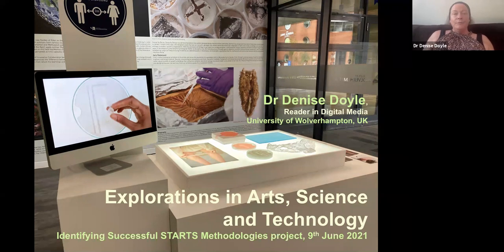My own interest in interdisciplinary practice has really been focused on arts and technology over the last 20 years. But more recently, over the last 6 or 7 years, it's been extended to the intersection of arts, science, and technology.